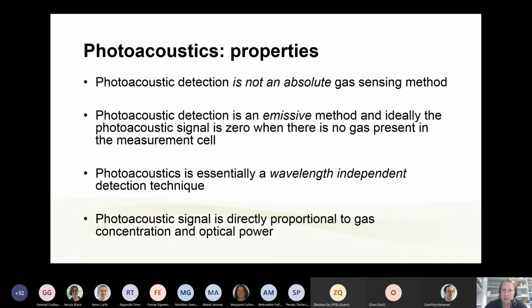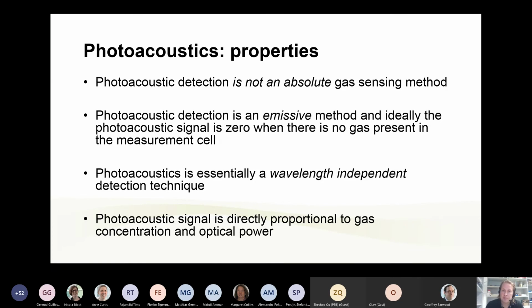As has been explained, photoacoustics is not an absolute method, as many linear absorption techniques are, which essentially count the number of molecules in a given volume. In photoacoustics, the absorbed energy from the light causes local heating, and through thermal expansion, a pressure wave or sound is generated and measured.